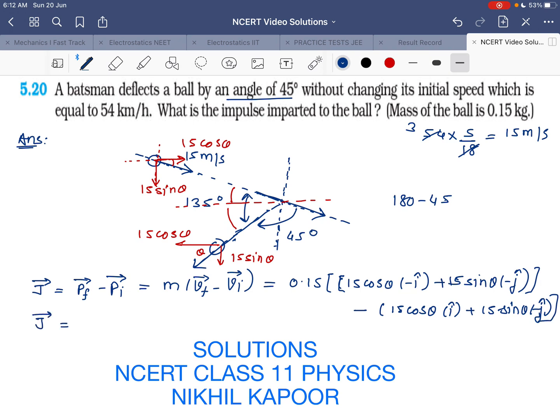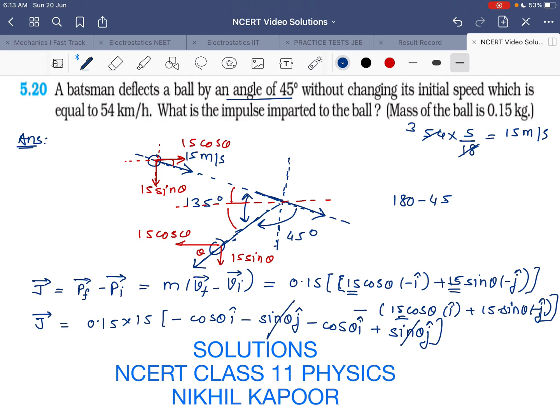So the impulse comes out to be 0.15 times 15, taking 15 common, into the bracket: minus cos theta i cap minus sin theta j cap, minus minus plus sin theta j cap.